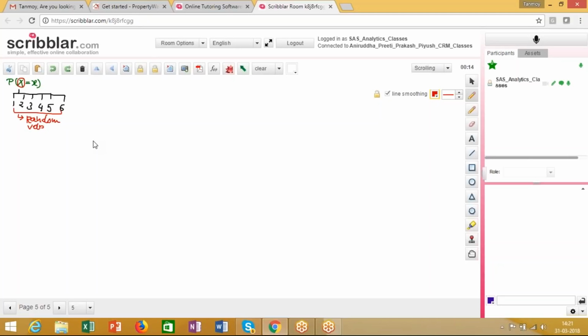Now, depending on the outcome, for example in this die rolling example that I have used, the outcomes are just discrete in nature. So I can say that yes, this is 1, 2, 3, 4, 5, and 6. So if I am saying the probability that X equals x, where X is the variable, what is the chance that X will take the value 1?